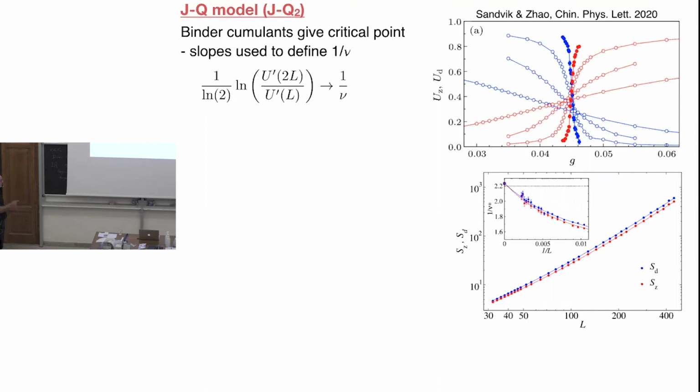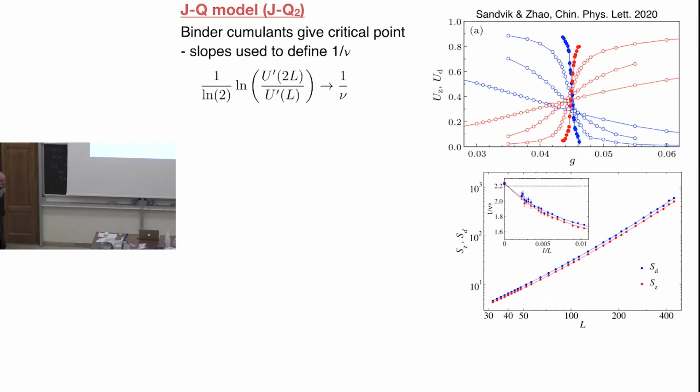For L and 2L, you can define a local slope, and that slope should go to 1 over nu. I mean, the ratio of slopes, I should say. And you see that it goes to some pretty big value, around 2.2. But it looks like the value is consistent, the same for both of these order parameters. So this would be the conventional way of getting 1 over nu.